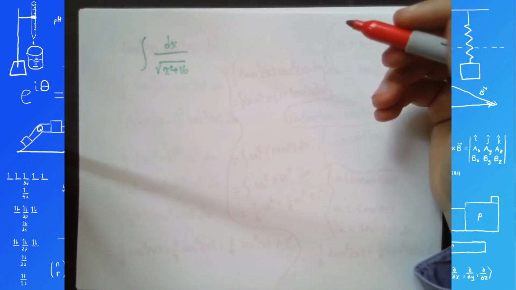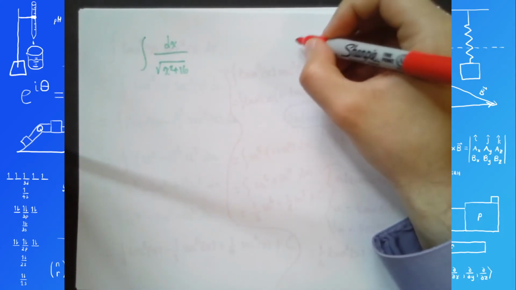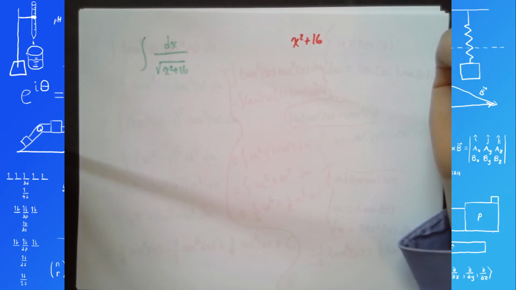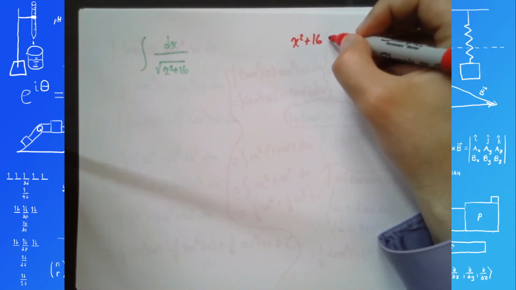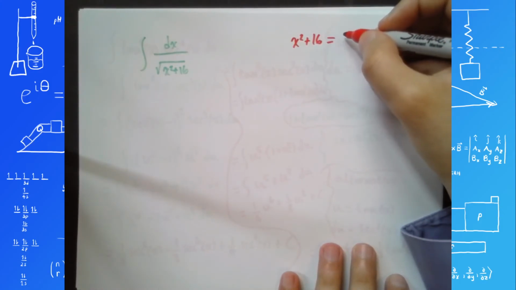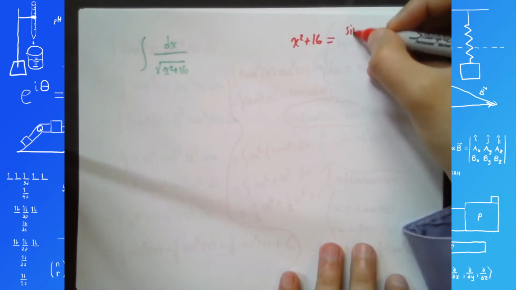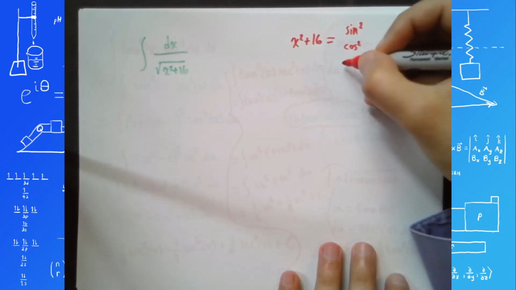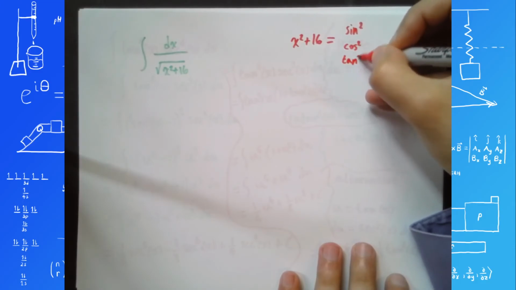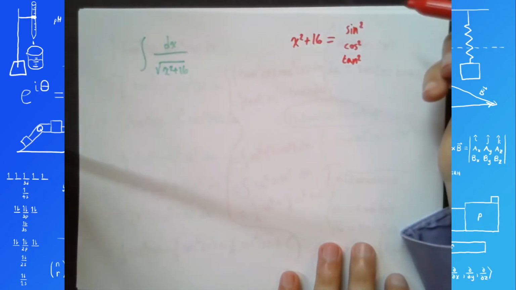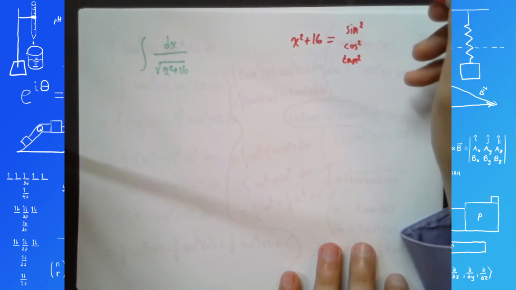So what I want is for x squared plus 16 to simplify to some trig function squared. So I want it to be equal to a sine squared maybe, or a cosine squared, or a tan squared, or something like that. With enough practice, you should be able to tell just by looking at the format which one you should go for.